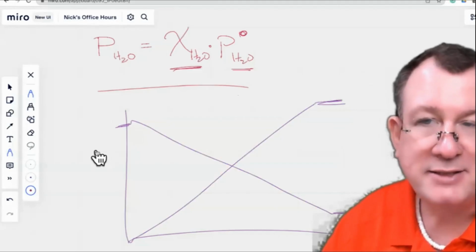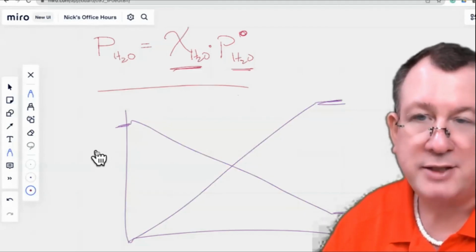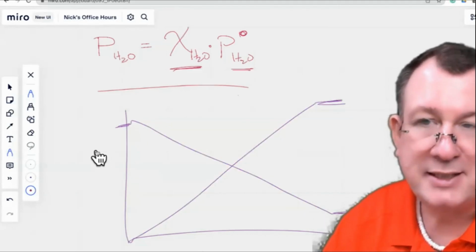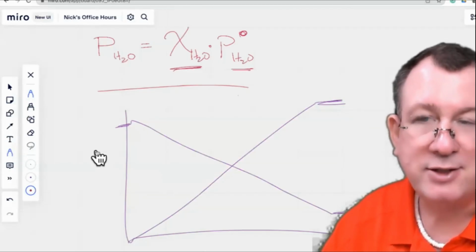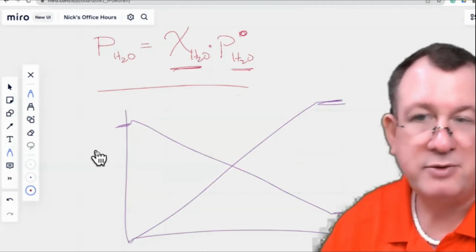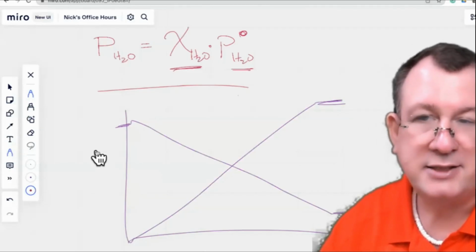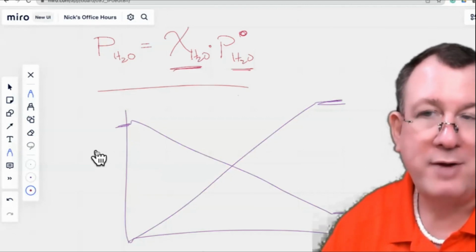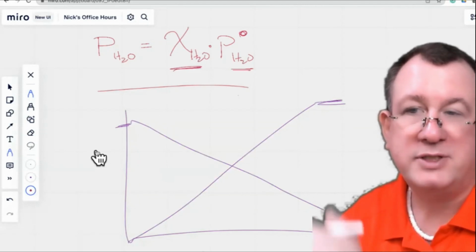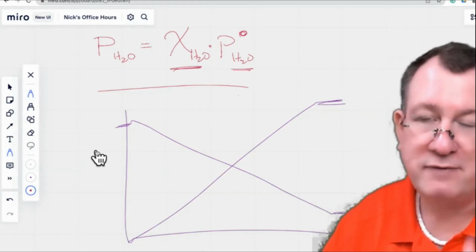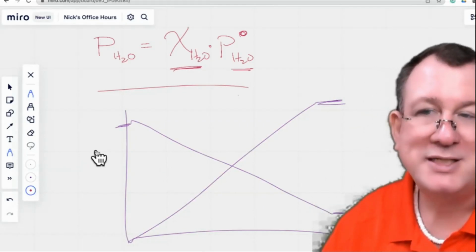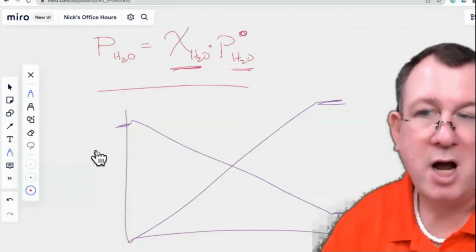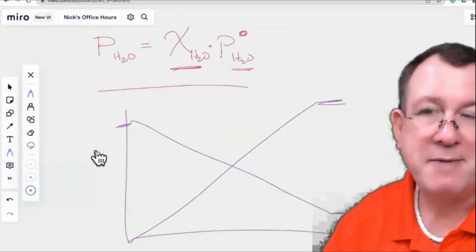Now it's based on the solute-solvent interaction. Basically, it's a straight line as long as the interactions between the solute and the solvent, the adhesive intermolecular forces, are the same or on the same order as the ones between solute-solute and between solvent-solvent. But if the solute-solvent ones are weaker, what do you think happens to the vapor pressure?